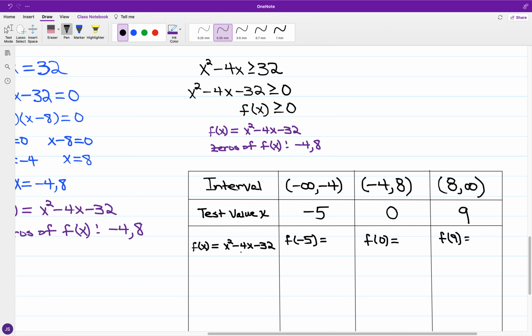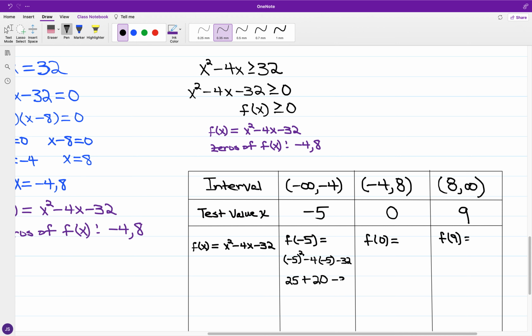So at -5, we got -5 squared, minus 4 times -5, minus 32. -5 squared would be 25. -4 times -5 would be a positive 20, so we have 25 plus 20, which is 45.